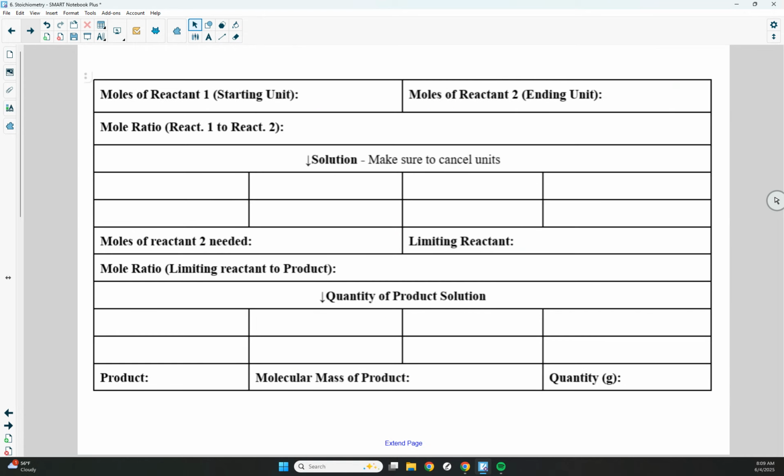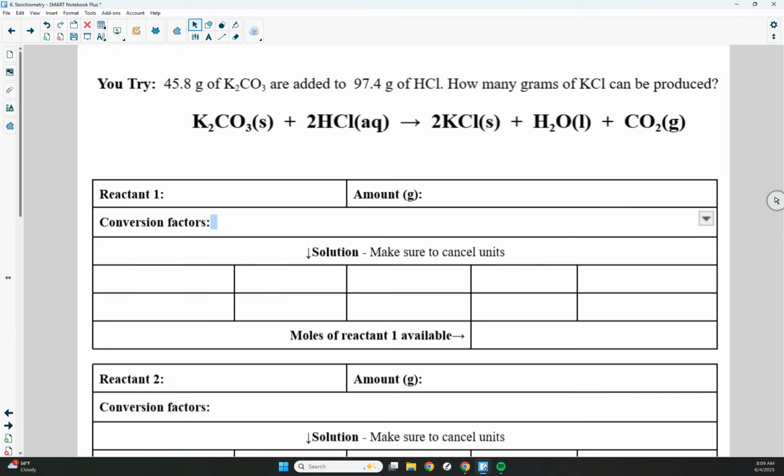Welcome back. Hopefully you were successful with the U-Try, but let's go through the solution here. So in this case, the question says we've got 45.8 grams of K2CO3. Those are added to 97.4 grams of HCl.